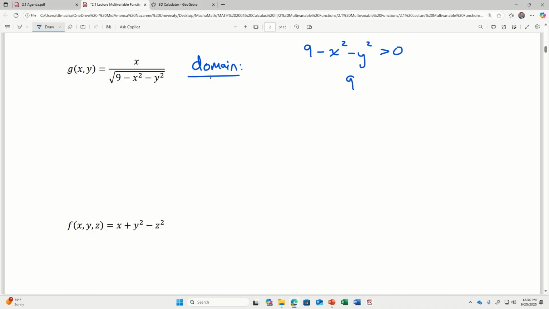So if I add x squared and y squared to both sides, I get this, which says x squared plus y squared has to be less than 9. And honestly, it's okay to take the square root of 0. Square root of 0 is 0, but the problem this time is I can't divide by 0. So I really do need this to be strictly greater than and not greater than or equal to.